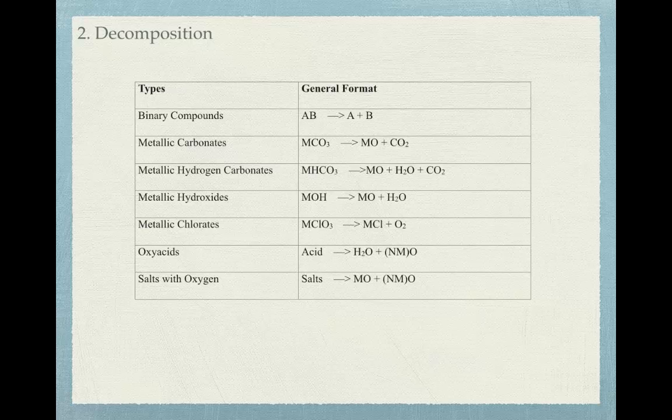The exact opposite happens in decomposition. If you have a salt with a metal, a non-metal, and oxygen, it's going to break apart into a metal oxide and a non-metal oxide. Notice that in synthesis reactions, you have 2 different substances that come together to form one product. In decomposition reactions, you have one reactant that breaks apart into 2 or 3 different substances.